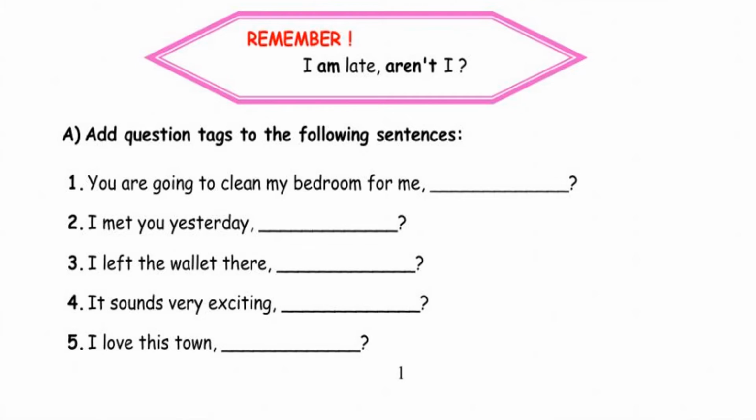Here is an exercise you can practice. Add question tags to the following sentences. Number 1. You are going to clean my bedroom for me, aren't you? Number 2. I met you yesterday. What is the question tag here? Didn't I?